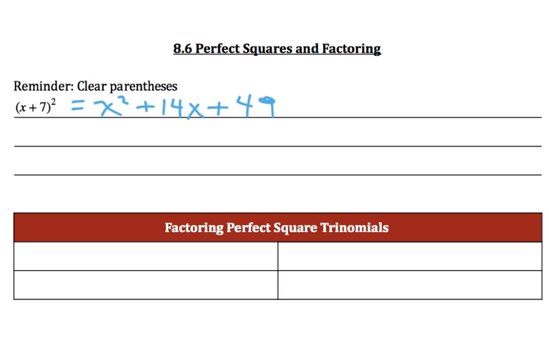You're going to want to see something that has x squared, but I'm going to write it instead with a. So a squared plus 2ab plus b squared works its way backwards to become (a plus b) squared.